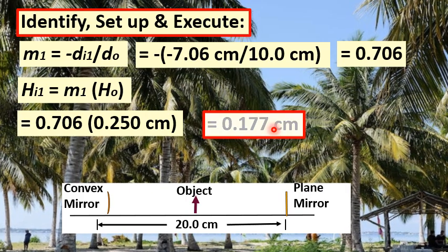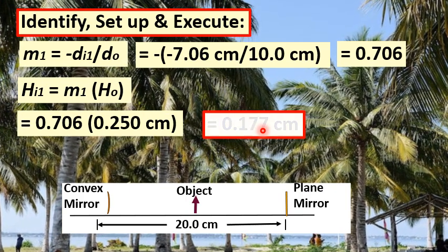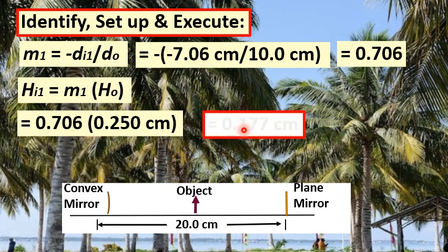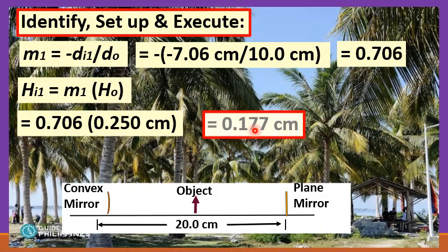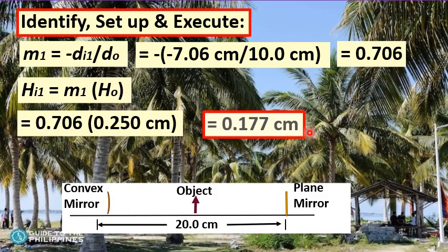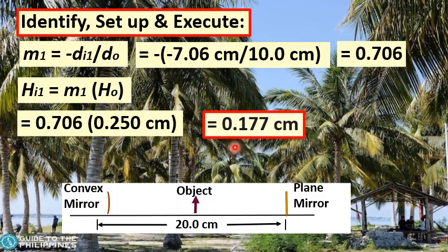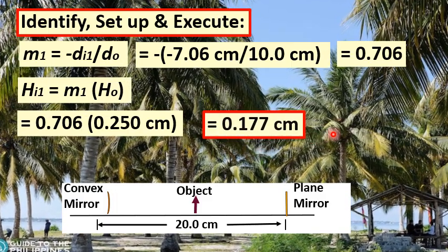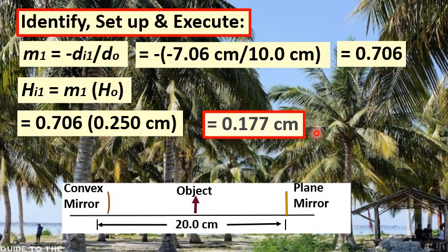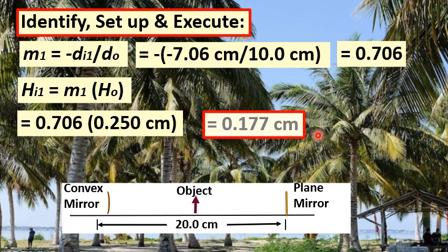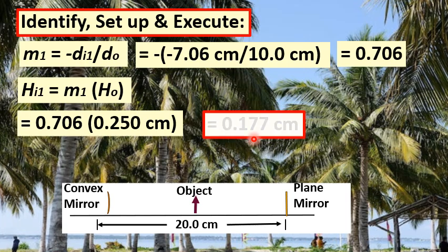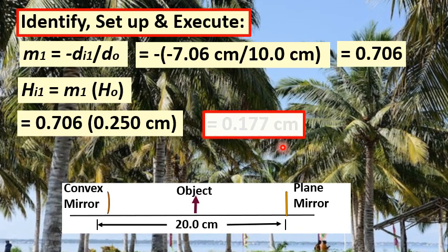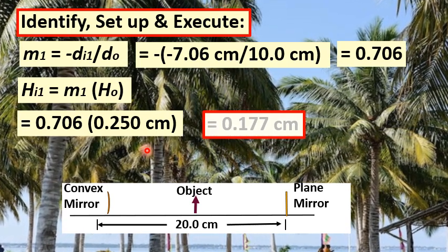So we say that the first image closest to the convex mirror is diminished in size, or reduced, aside from being a virtual image and an erect image, right? The image is also smaller in size compared to the object.